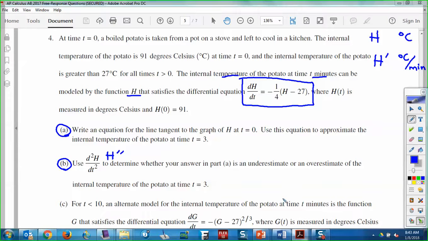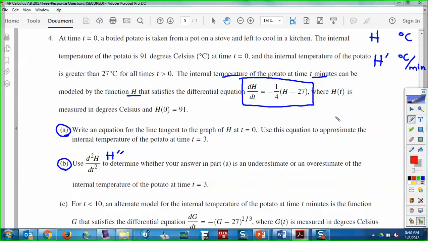We have enough knowledge at this point to do A and B. Just haven't seen anything quite like it yet. Okay, so see what you can do. Give it about 5 minutes here. 5 or 10. Remember, to write a tangent line, you need a point and a slope.